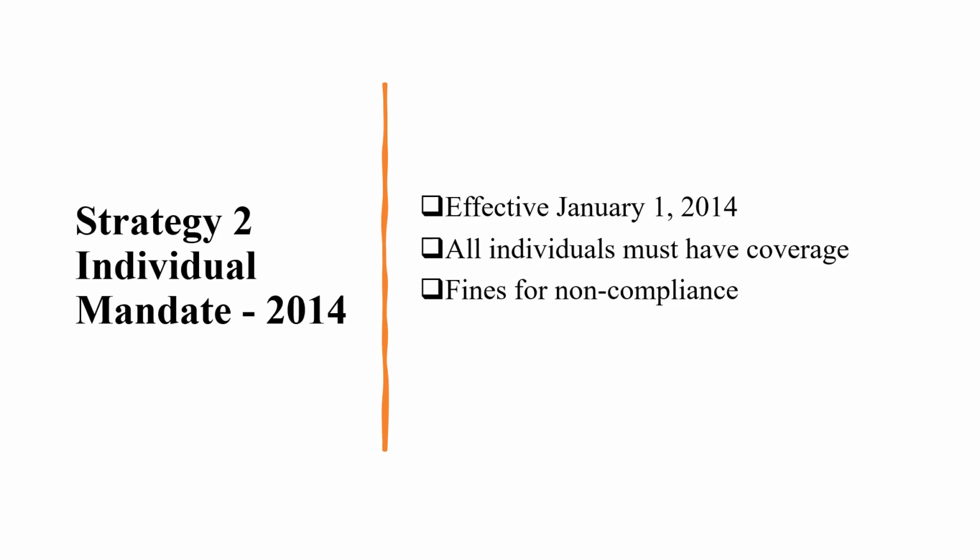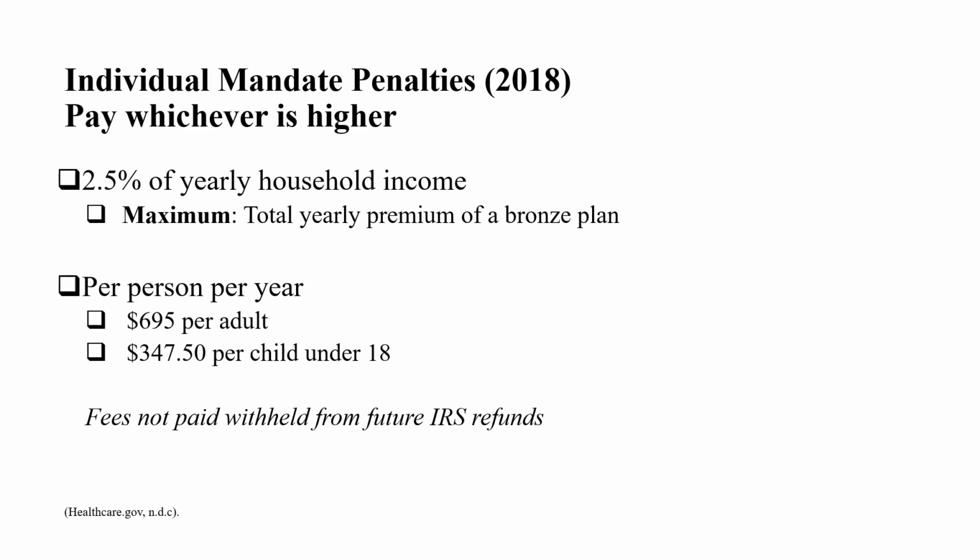So what is strategy two? Strategy two was the individual mandate, which became effective in 2014 and basically said that all individuals must have coverage, and if not, there would be a fine or tax consequences for being non-compliant.